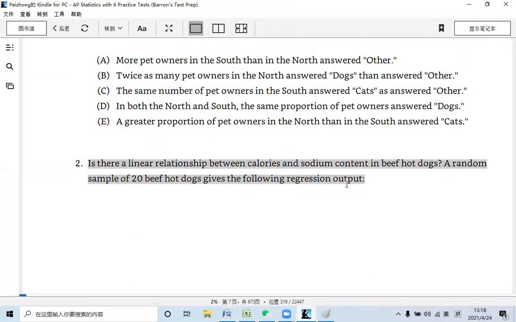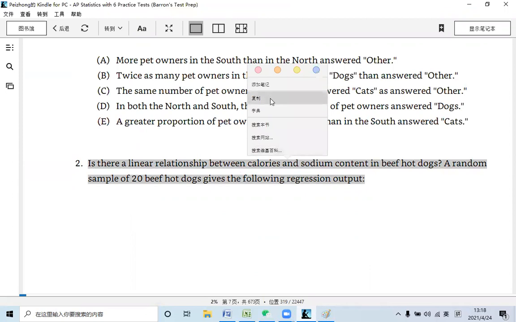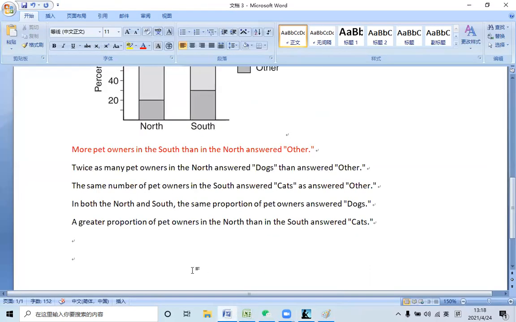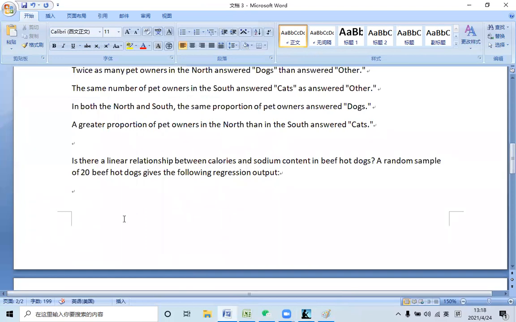Let's look at question number two. Is there a linear relationship between calories and sodium content of beef hot dogs? A random sample of 20 beef hot dogs gives the following regression output.